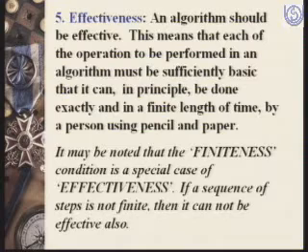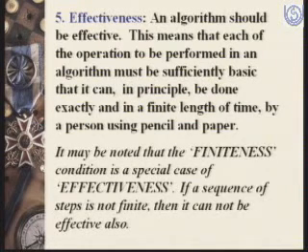Please, I have already enumerated 4 characteristics for a solution to be an algorithm. Namely, first of all, each step must be finite. That is, it must take only a finite amount of time in its execution and finite resources. And the number of lines or steps or instructions should also be finite.